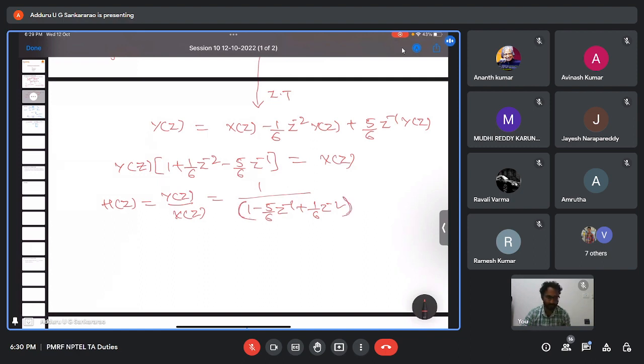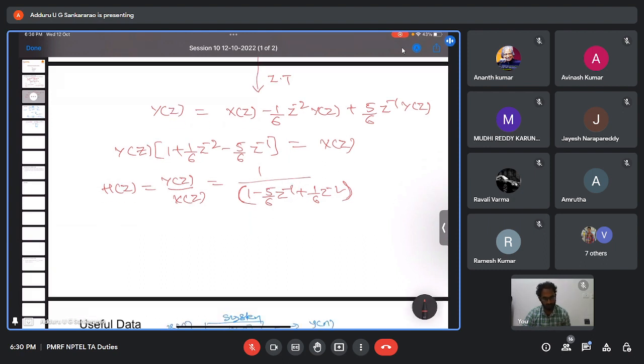We got the transfer function. Now at what values of z the denominator becomes 0, that is nothing but the poles, right? So when the denominator becomes 0, we need to find out the factors for this. Poles means denominator made equal to 0, this you know.